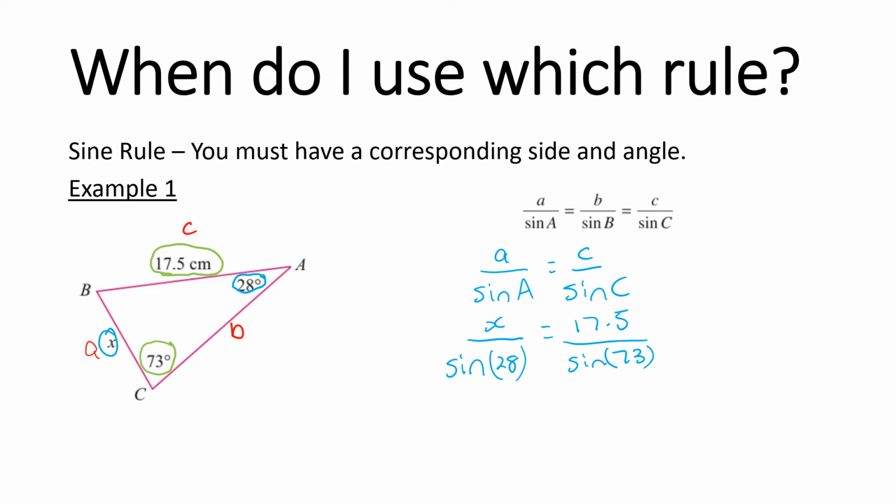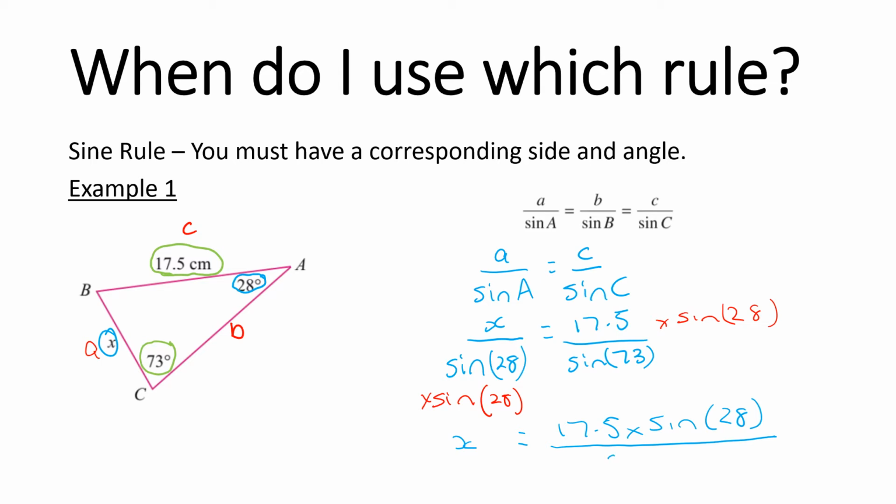Now we want X on its own, so we multiply by sine 28 on both sides. So now we have X equals 17.5 times sine 28 over sine 73. If you type that into your calculator, you will get X equals 8.6 centimetres.